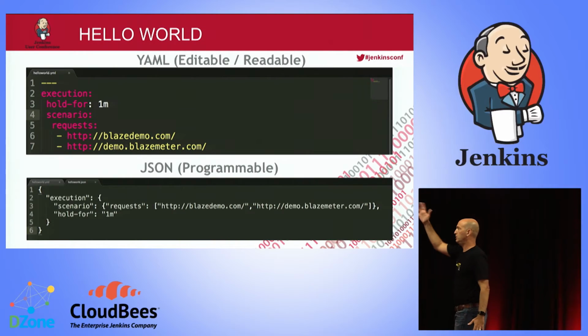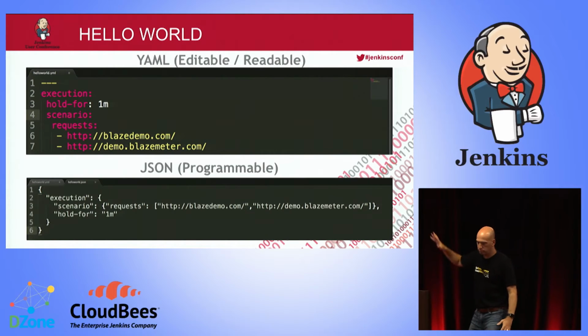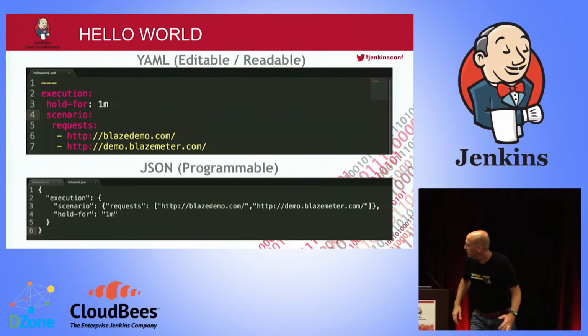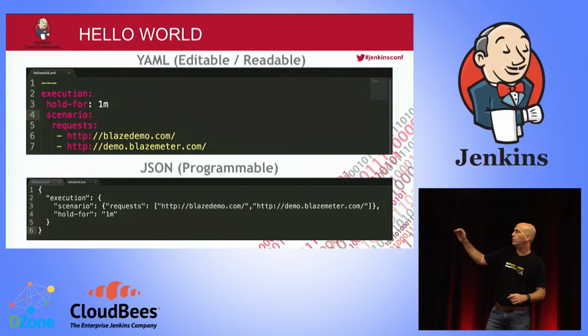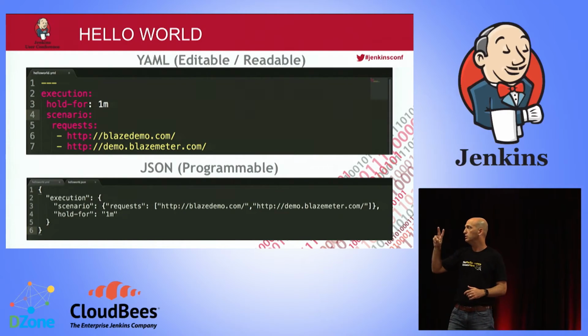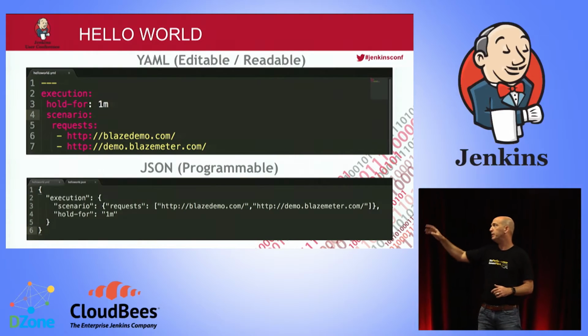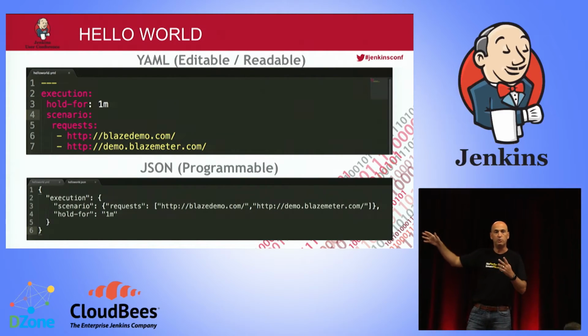So this is the hello world of Taurus. In this line, hopefully, you see that well. But in the red, you see execution, hold for 1 minute, and then start a scenario that includes 2 requests, HTTP Blaze demo and something else. This is a test. When you run it, it will run for 1 minute.